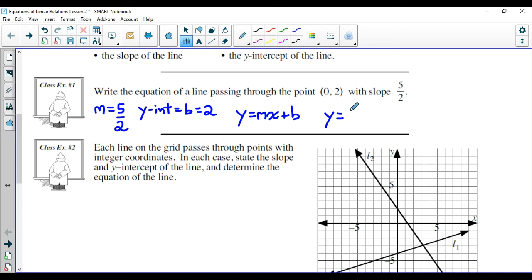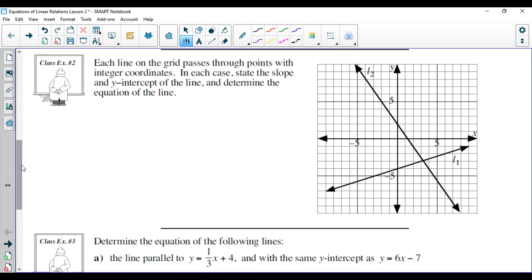So then you'd have y is equal to 5/2 multiplied by x plus the y-intercept of 2. So in the form y equals mx plus b, y equals 5/2 x plus 2. Now this just flat out told you what the y-intercept and the slope was, in which case it was pretty easy to put it into the y equals mx plus b form.